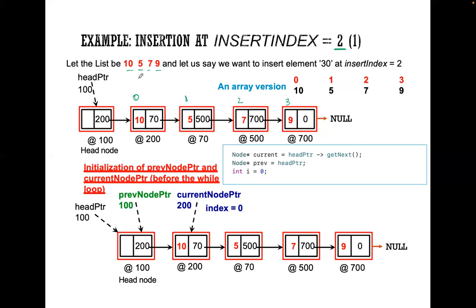So that means we want to insert a new value 30 at index 2. Instead of 7 we're going to have 30 here, and after 30 we'll have 7 and then 9. So the new list will look like 10, 5, 30, 7 and 9.